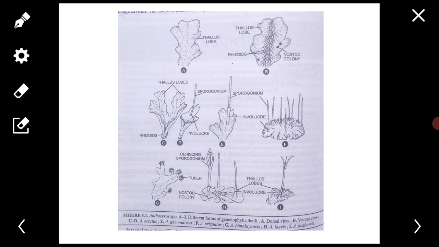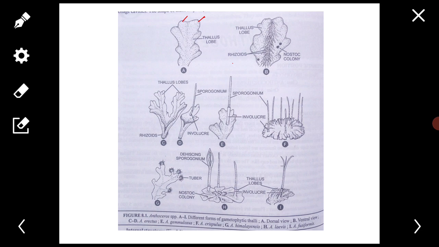It is flat, dorsiventral and branched or lobed. Some species are deeply bilobed and the lobes are fleshy.